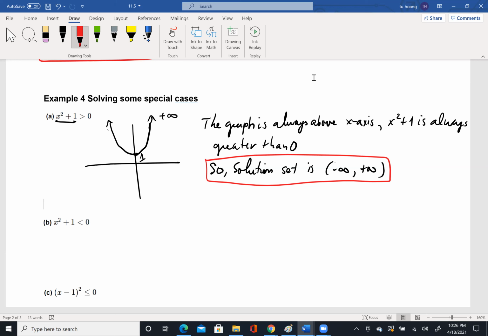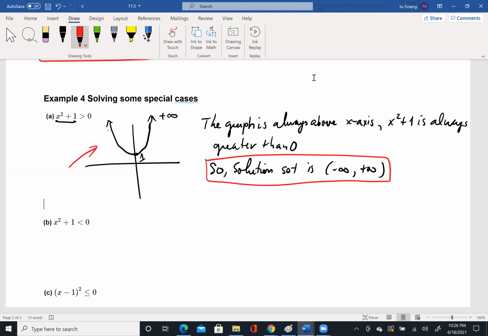Okay, so now let's see. For x squared plus 1 less than 0, you can see the graph of this is just part A, but now it asks if there is any way to make the graph less than 0. So you can see the graph over here is never below, right?